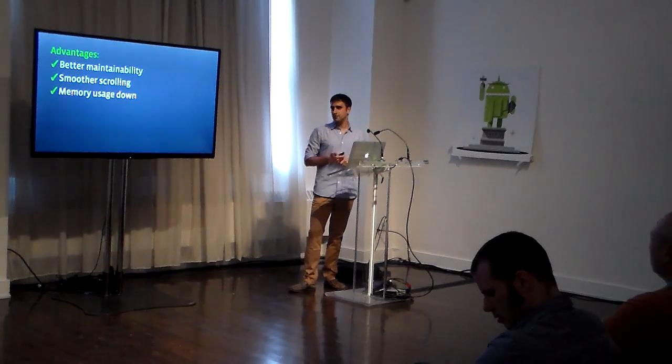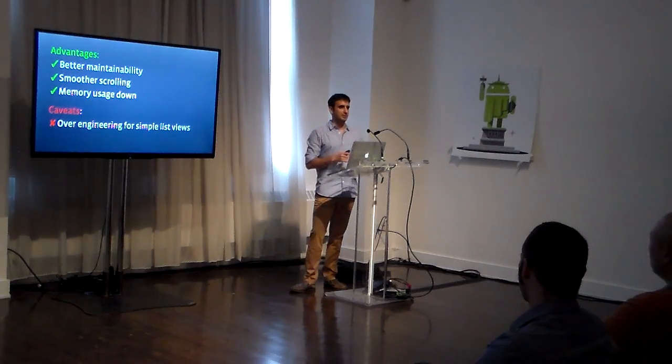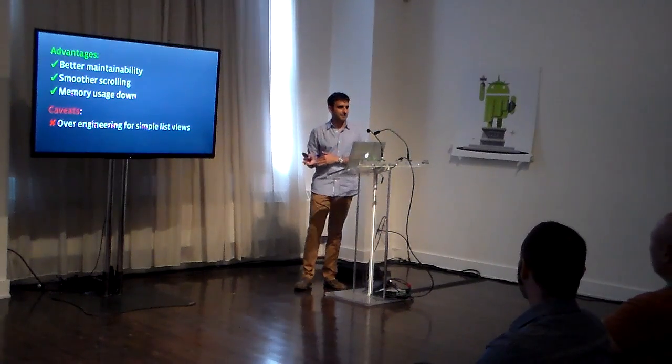Like every design you have, it has a few downsides. First, if you have a simple feed, this would be extreme over-engineering of your product. If you're not doing a messaging app, or if you have the exact same type like Instagram has, you should probably not go all the way for that.